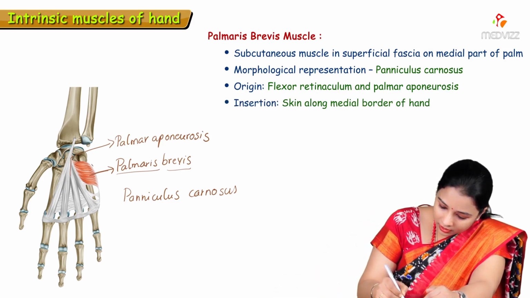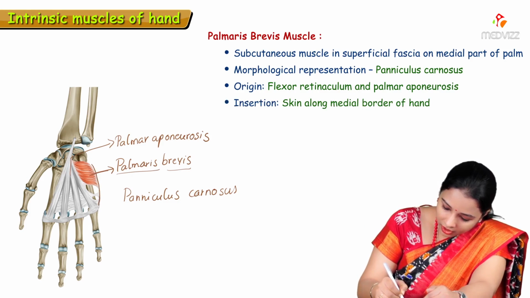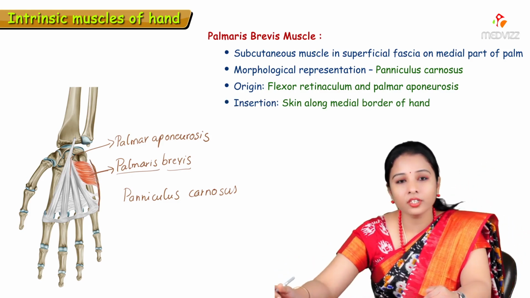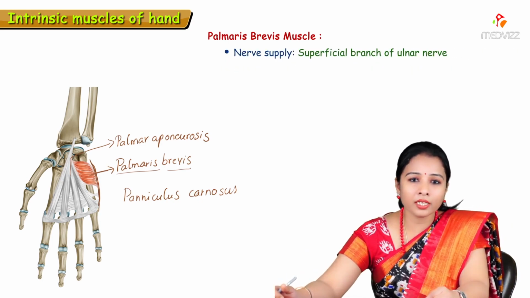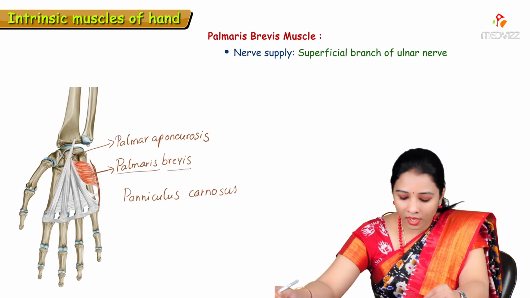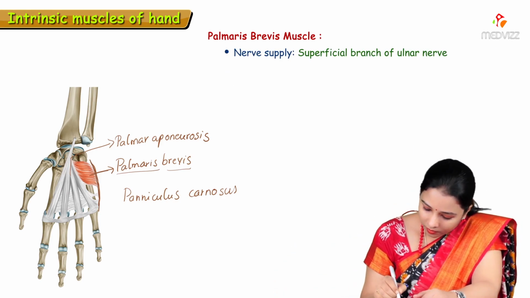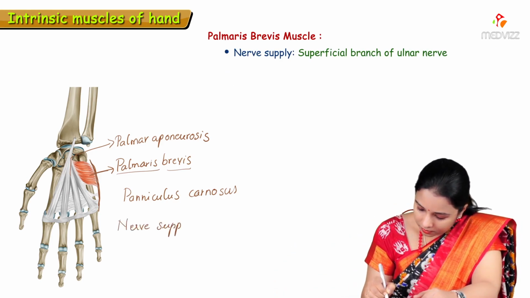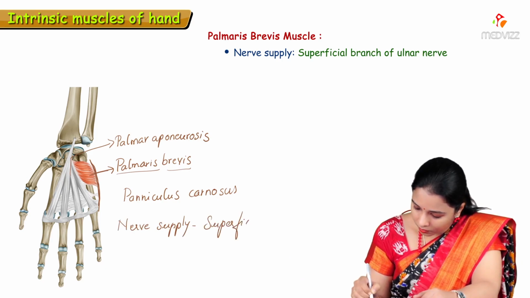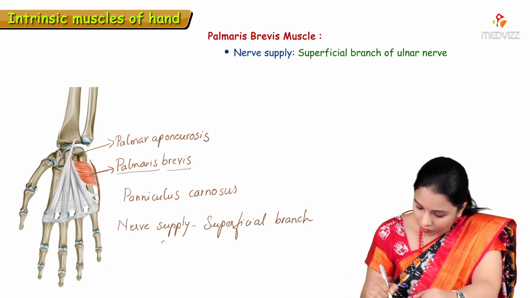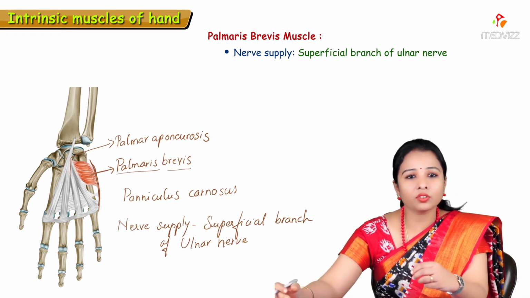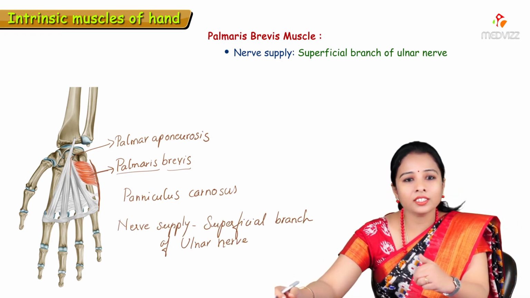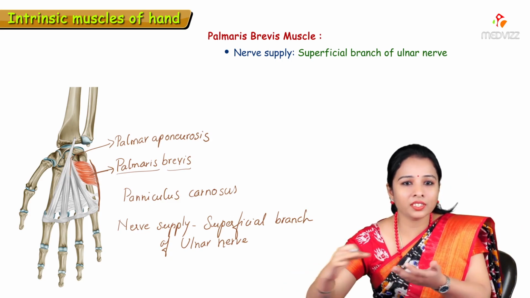You can see this is the medial border of the hand. So that is its origin and insertion, and it is supplied by the superficial branch of the ulnar nerve. As we know, it is just present within the skin.